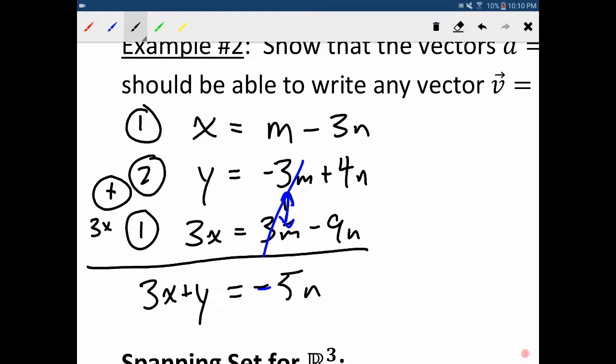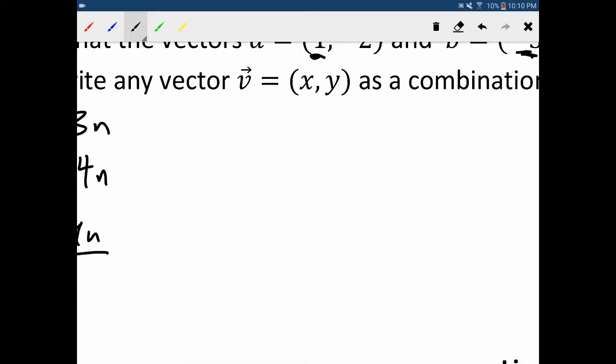All right, so this may not seem super significant, but what I can now do is solve for n. If I isolate n, I'll get negative 3/5 x minus 1/5 y.